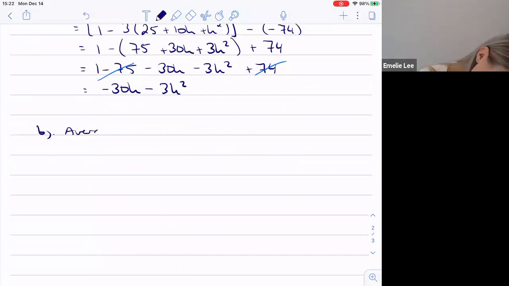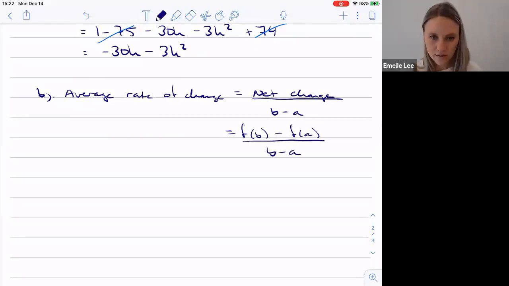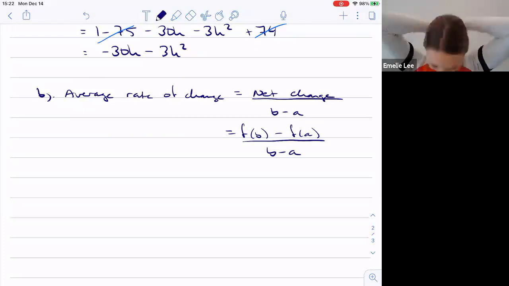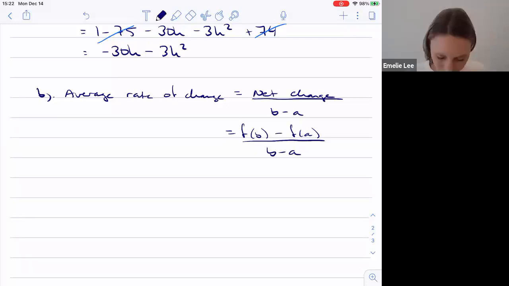So the average rate of change is the net change over B minus A, which is the same as f of B minus f of A over B minus A. So that's the one Tyler jumped to, which is good. It's always where we're ultimately building to. So if you just went right to it, that's fine.